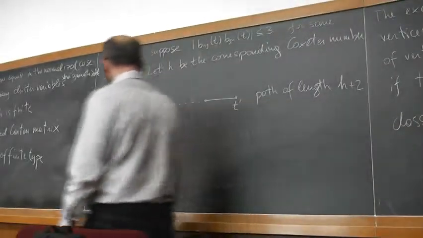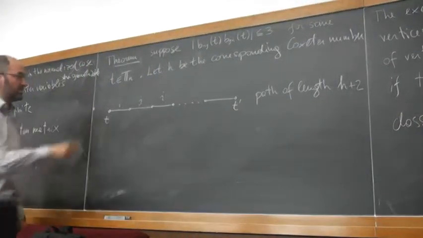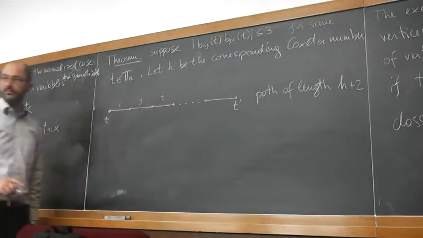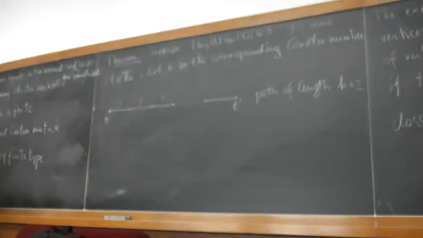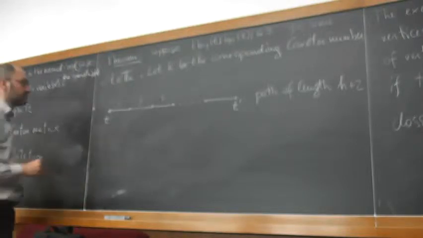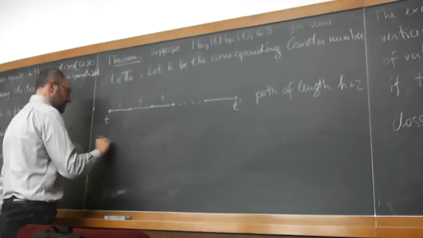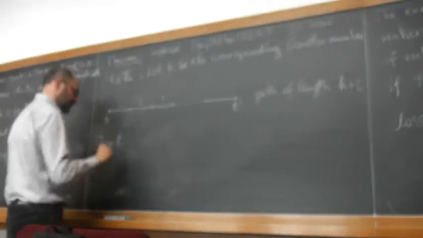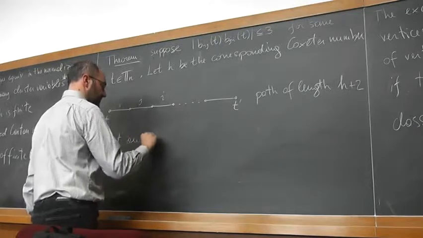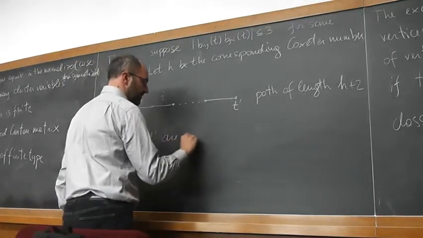So in the case of rank 2, we know that T and T prime are equivalent. This theorem says that this is always true. T and T prime are equivalent.